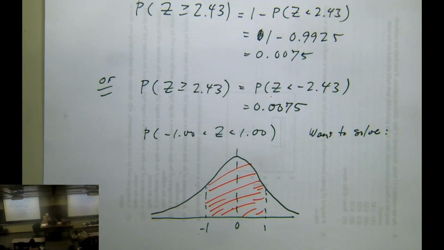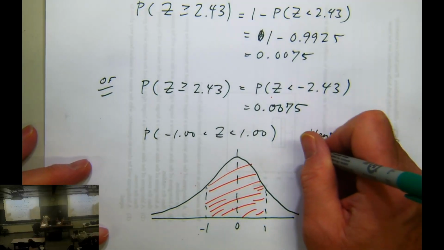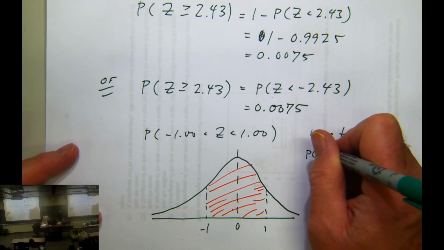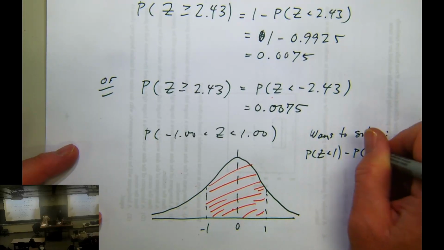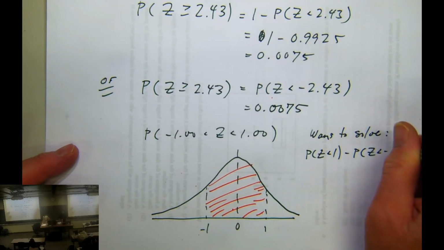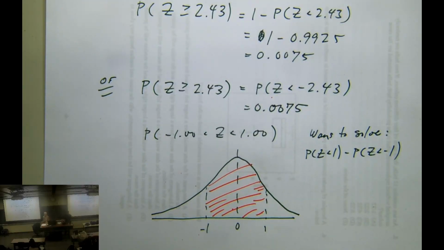Well, one of the things you could do is take the probability that z is less than 1 and subtract the probability that z is less than negative 1. Who likes that way? I can't do this way unless we draw a picture. We have to shade in. What do these look like?